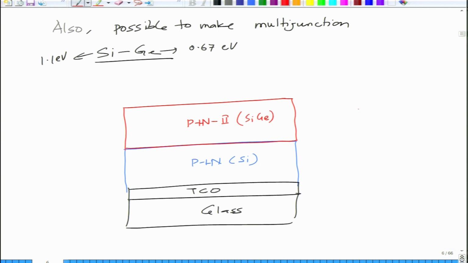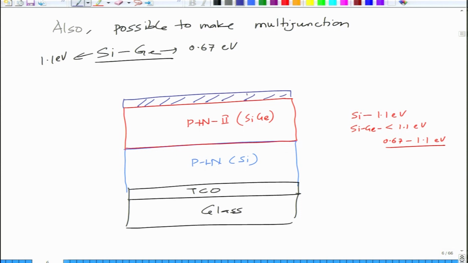Silicon has a band gap of 1.1 eV, and silicon germanium has a band gap which is lower than 1.1 eV, between 0.67 to 1.1 eV depending upon the composition. And then on the top we put a metal reflector, which is also a contact.